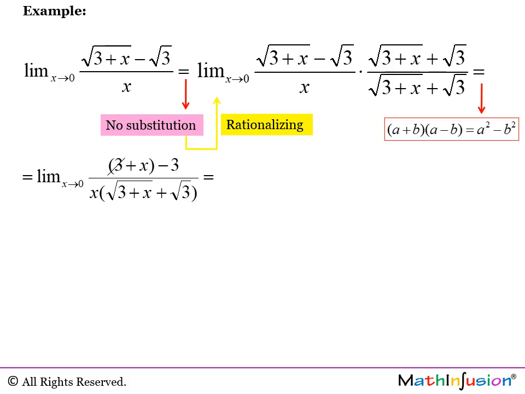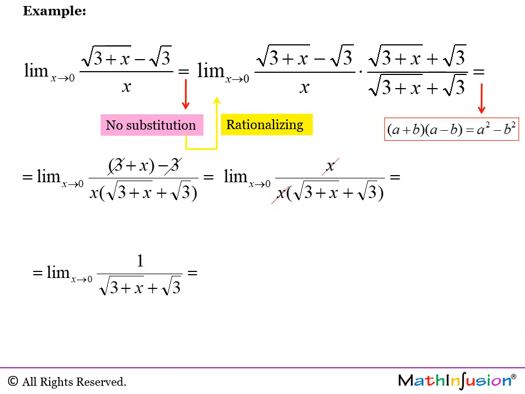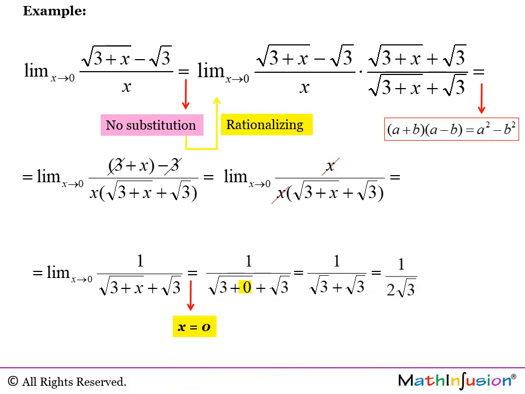We simplify more, and now we can see that we can cancel the problem, which is x equals 0, and we get that. Now we can go and substitute x equals 0. We get that. That can be simplified and be written as 1 over 2 times square root of 3.